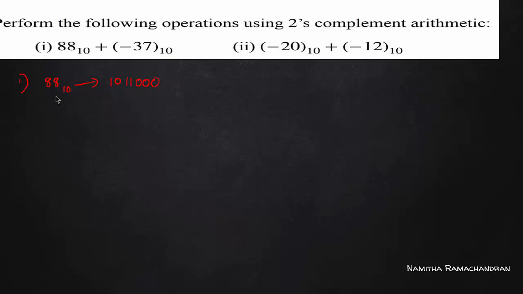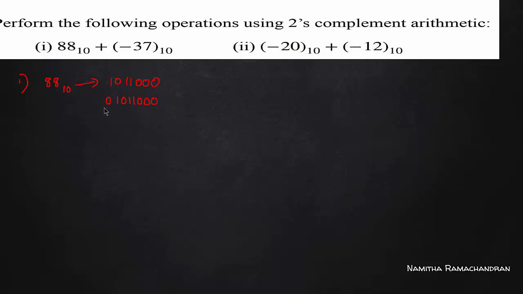So for 88, the sign is positive, so simply put a 0 for indicating a positive number, and next is the magnitude. The binary representation for this 88 will be the magnitude of this number. So simply write this here now.